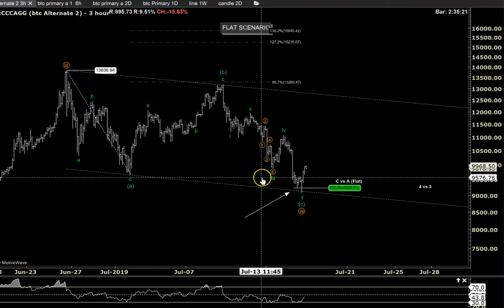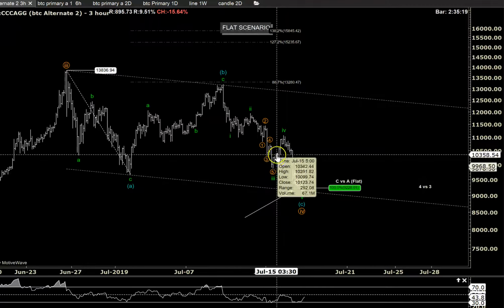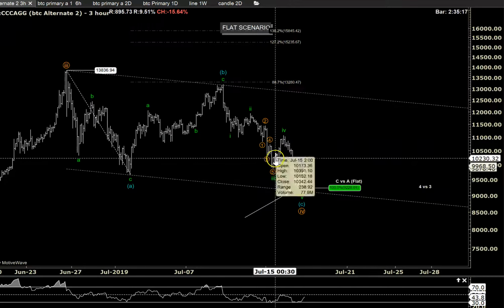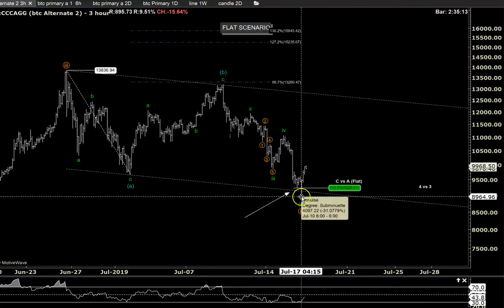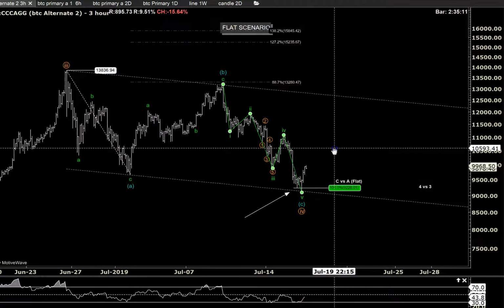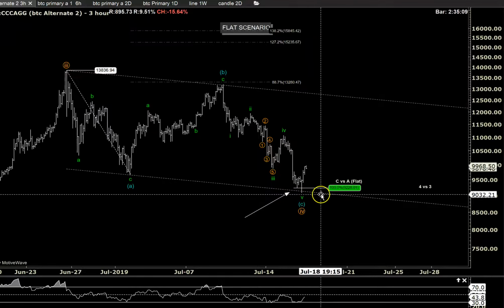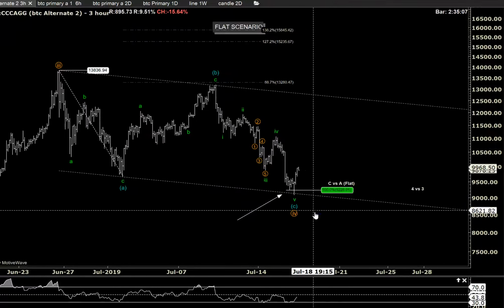Then I think it's a double zigzag in wave 4, ABC, X, ABC, and then you come back in 5, which is a 1, 2, 3, 4, 5 move. So now supposedly this move is complete in a wave 4.